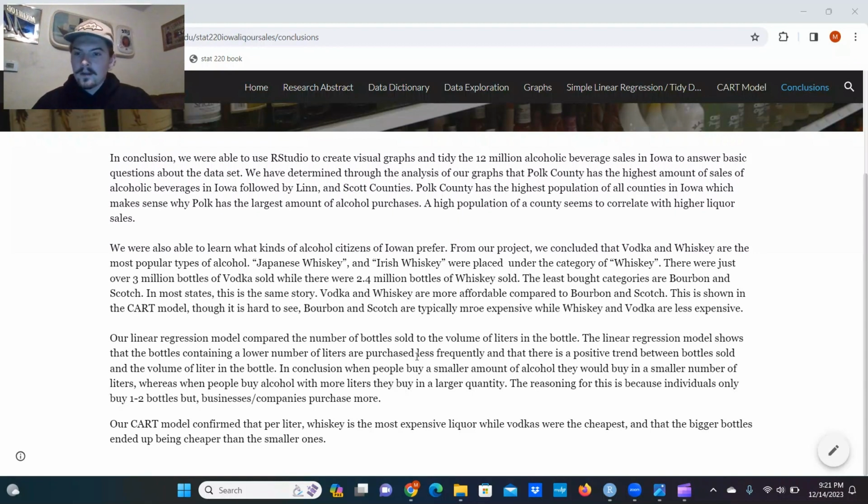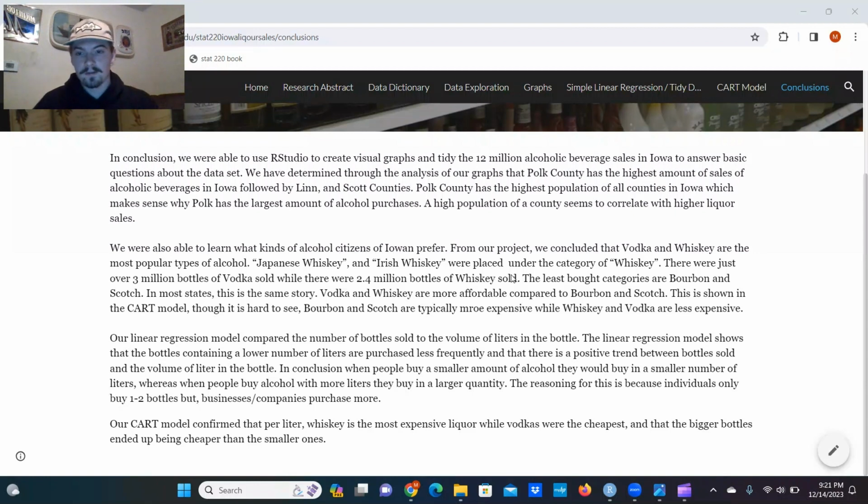Our linear regression model compared the number of bottles sold to the volume of liters in the bottle. The model shows that bottles containing a lower number of liters are purchased less frequently, and that there is a positive trend between bottles sold and the volume of liters in the bottle.